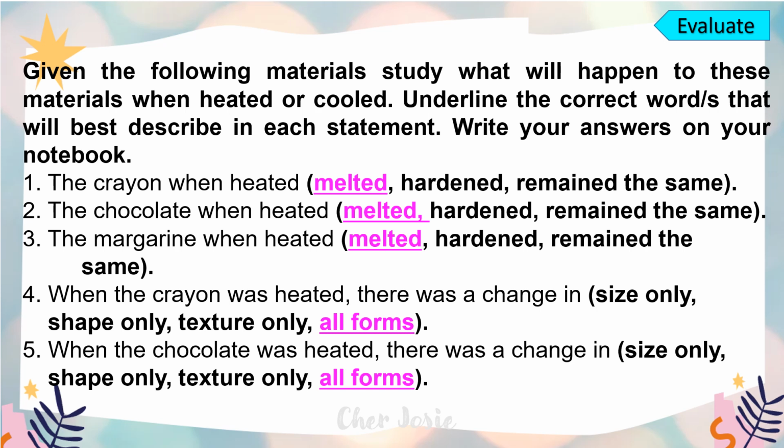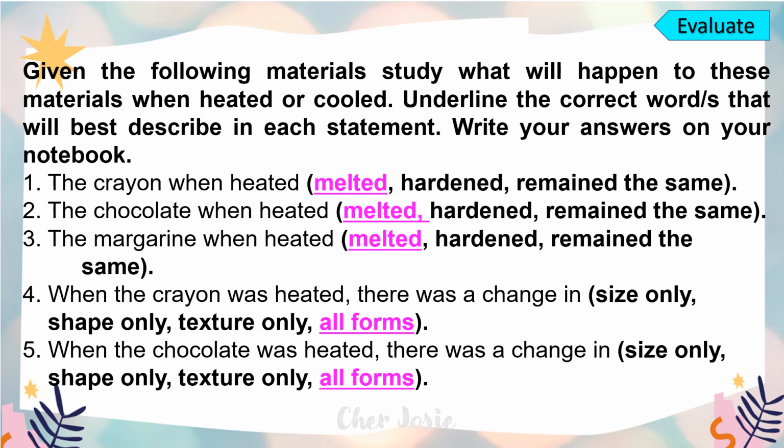So we have the size, shape, and texture. Okay, and number 5, when the chocolate was heated, there was a change in all forms also. Okay, so please count the number of checks. I do hope you got a perfect score for this.